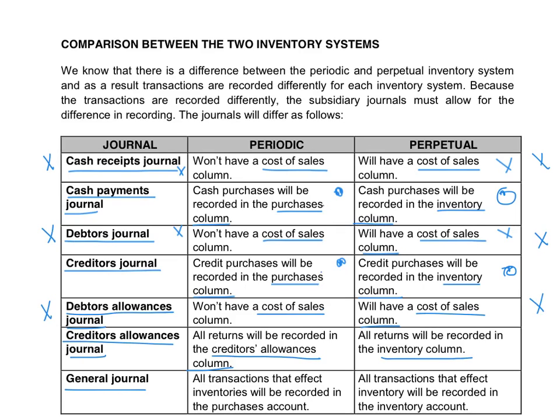If the owner takes goods out of inventory to use as stationery in the business, it will be stationery and purchases. Or if they use some of the inventory for a marketing project, then they will debit marketing, credit purchases. In the perpetual system, the effect will be recorded in the inventory account because we want to show that the inventory decreased.